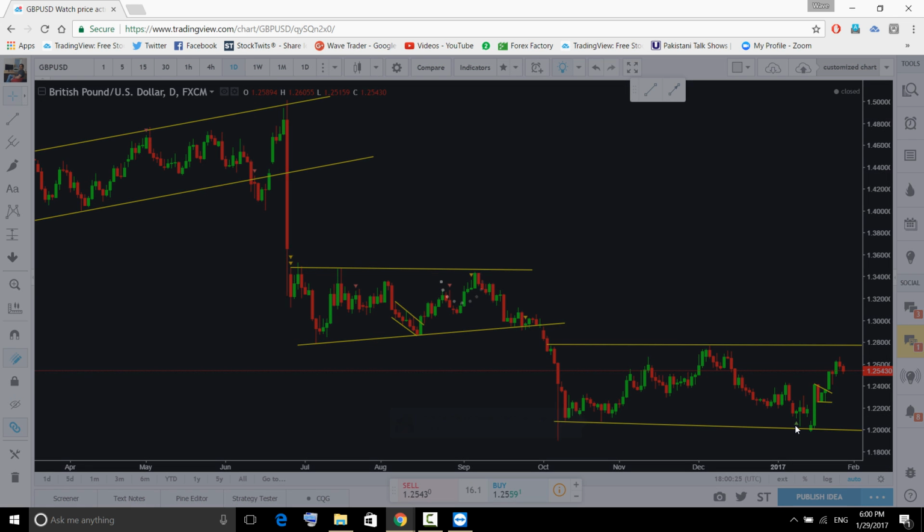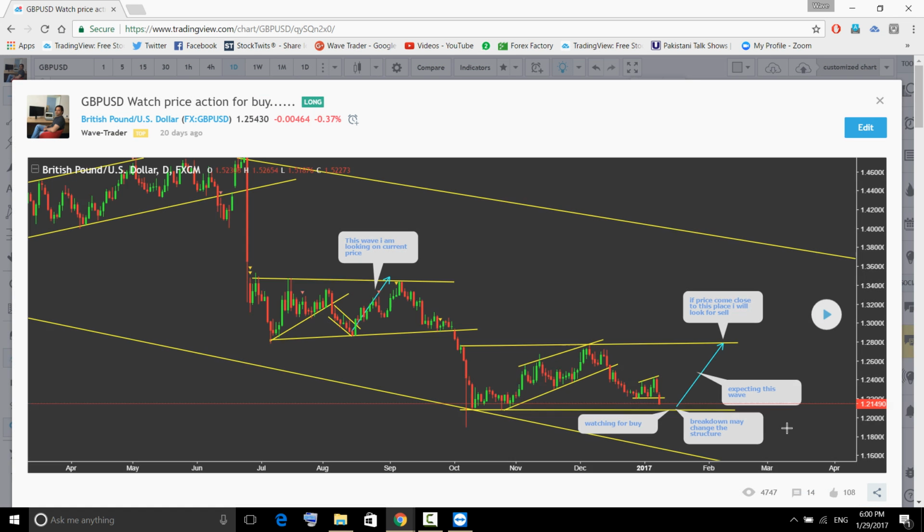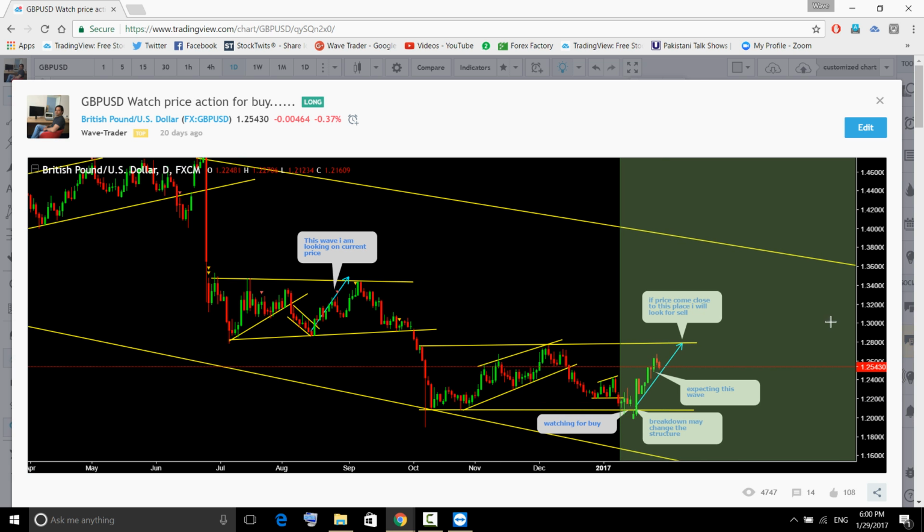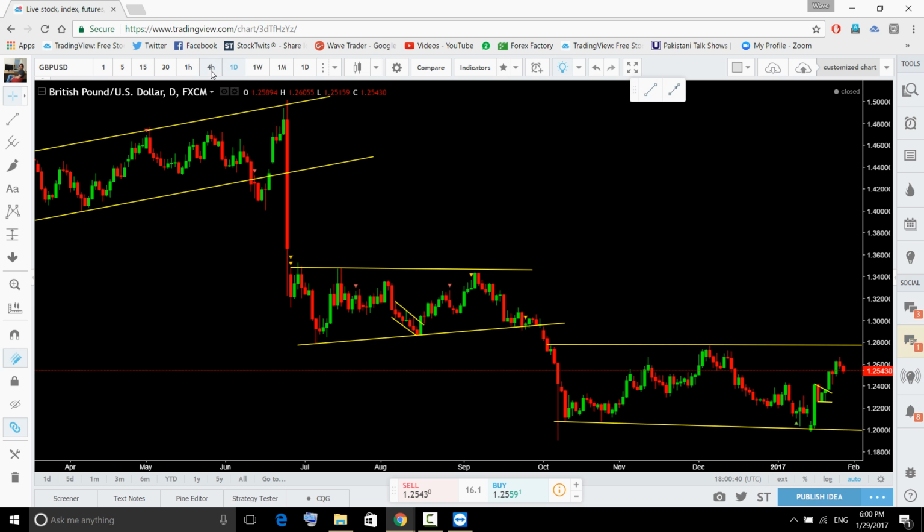Be prepared for the next move to the downside. Here we got the reversal point. Still, room is there to the upside.